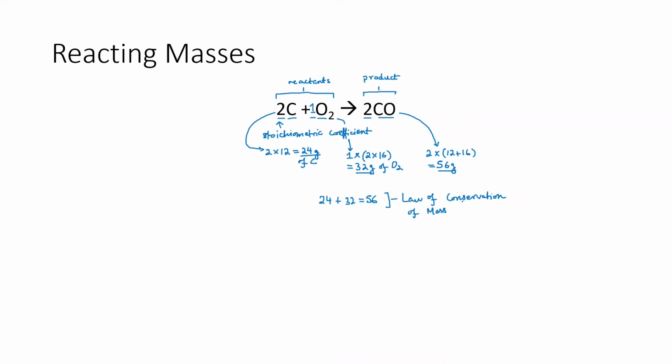But we cannot say the same about moles, because if you add up moles of reactants, that actually gives you 2 moles of carbon plus 1 mole of oxygen. That's 2 plus 1, and 2 moles of carbon monoxide, which is 2. So these 2 are not equal to each other, right? So it does not work for moles, but it does work for mass. The total mass of reactants equals total mass of products. So that's the law of conservation of mass.